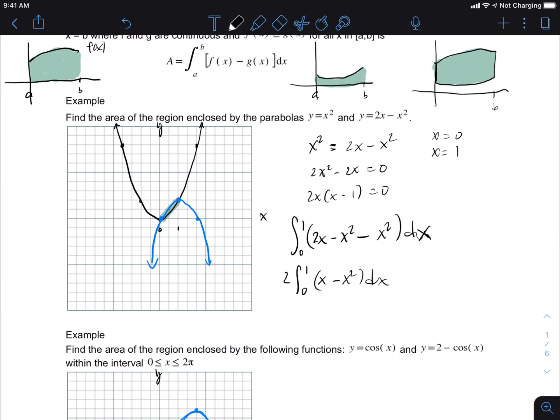And then when we integrate this, it's going to be 2 times x squared over 2 minus x cubed over 3 evaluated from 0 to 1. And that's going to give me 2 times 1/2 minus 1/3, right? So the common denominator is 6, so the answer is going to be 1/3.